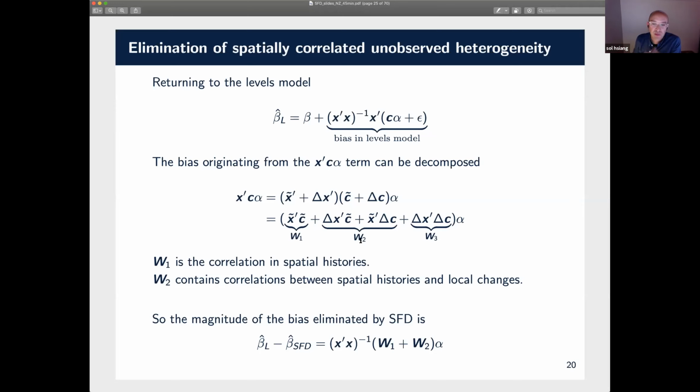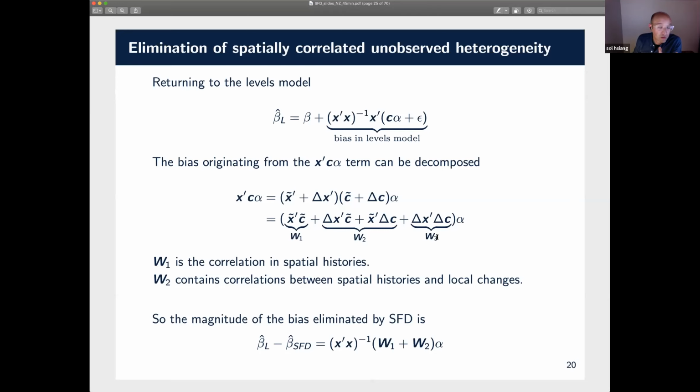W2 is the correlation between the spatial history of the unobservables and the innovations in the treatment, plus the history of the treatments times the innovations in C. And W3 is the correlation between changes in X and changes in C. So what happens is when we do implement spatial first differences, we eliminate W1 and W2 entirely. So those are zeroed out by construction. And so what we end up with is simply a bias that has the form of W3.